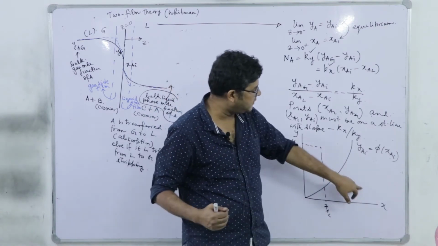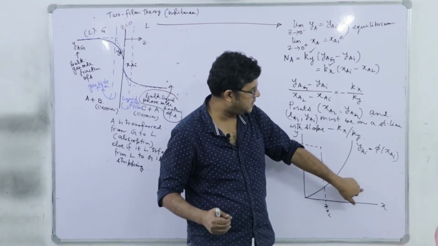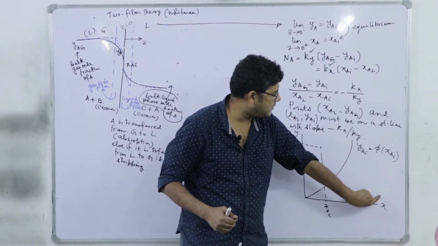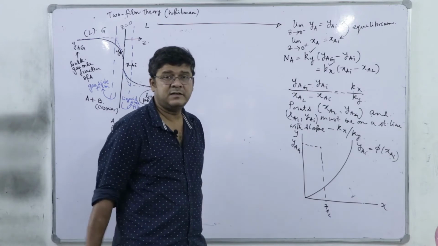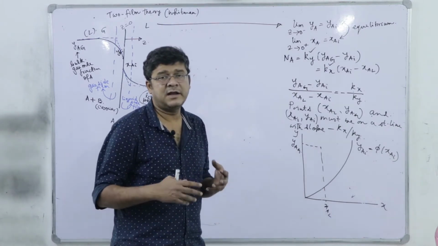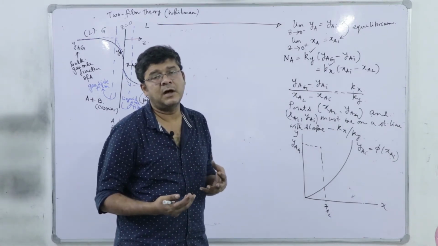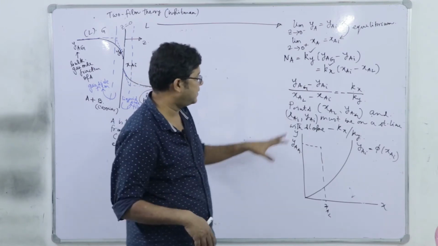On the contrary, if this point is on this side, the liquid phase concentration Xal is higher than Yag. So, the transfer is taking place from the liquid phase to the gas phase.